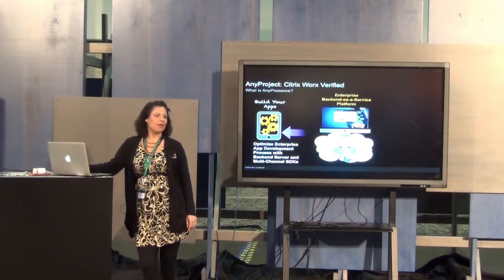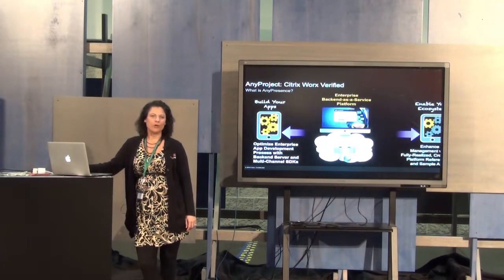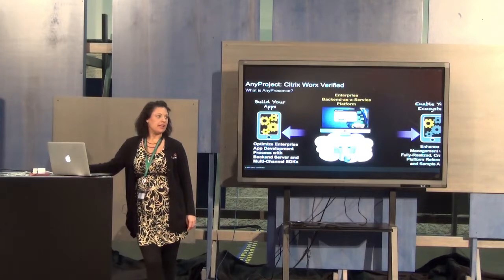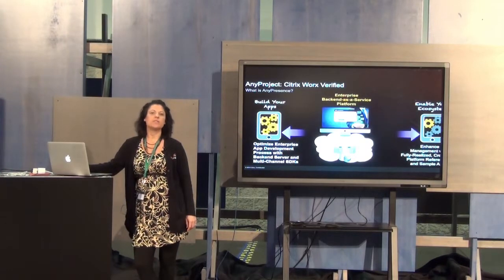So on the one hand, we're building apps faster, and on the second, we're doing something really innovative that you can't find anywhere else. And that is around our designer itself, we've built an API, and what that enables you to do is be in your own IDE or developing apps on a customer site.